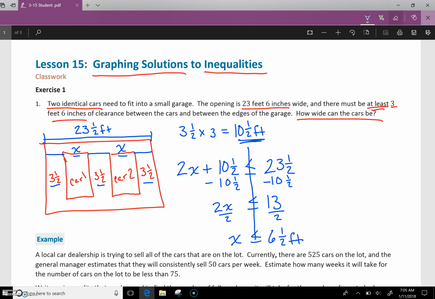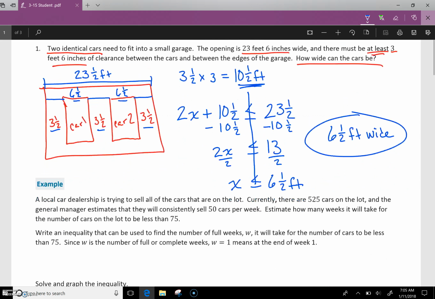So in our diagram, we could replace the x's with 6.5. We know that at the most, those cars could be 6.5 feet wide, or 6 feet 6 inches. Let's look at the next one.